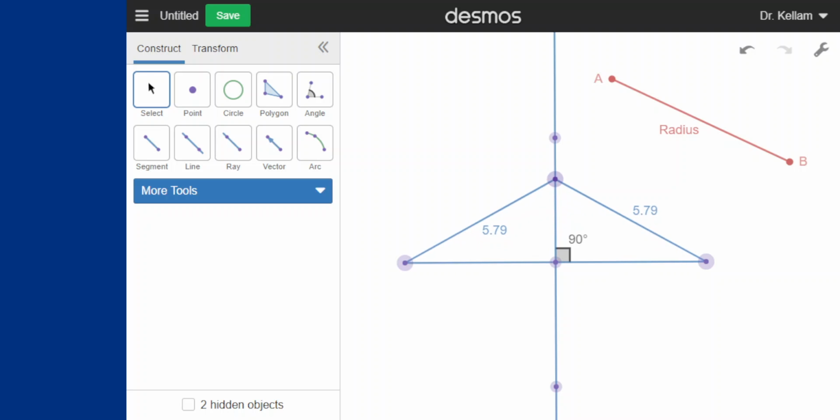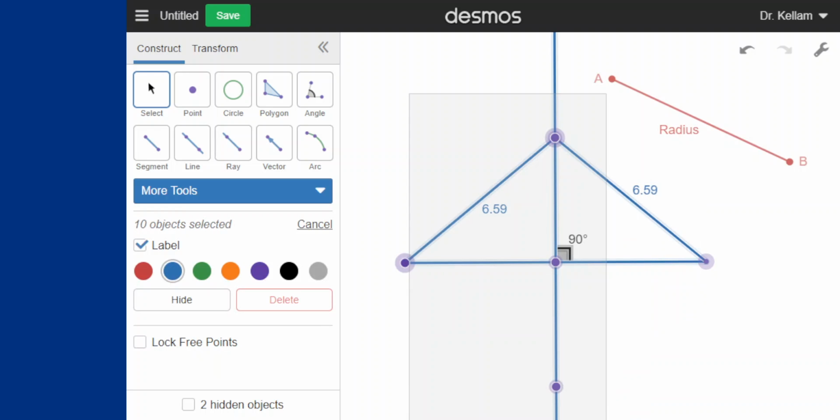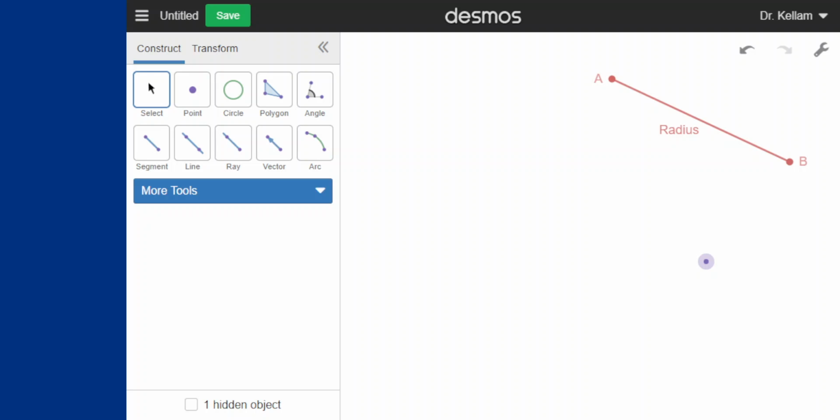If we have two segments of equal length on a line perpendicular to a segment, then that line has to be the perpendicular bisector. One of the activities that we had at the beginning of the unit was based off of that principle.